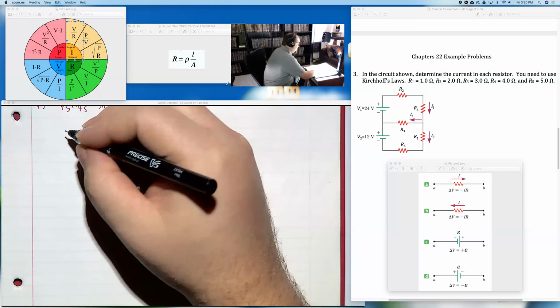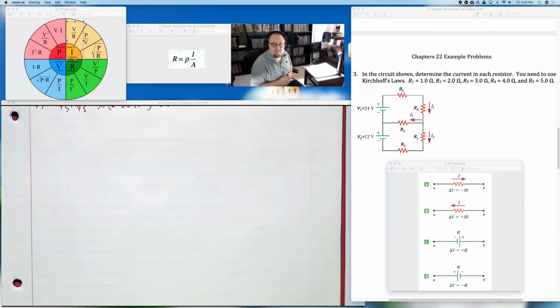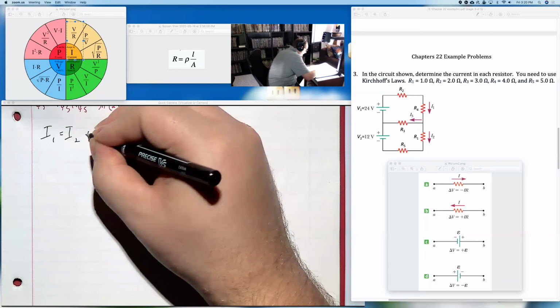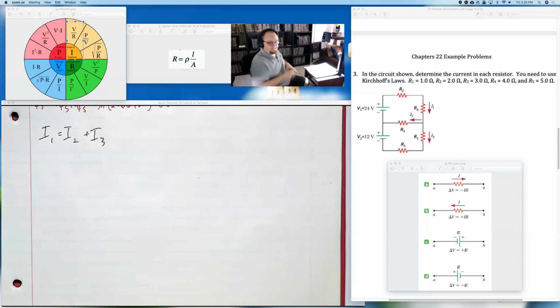The junction rule says on any junction, the current in equals the current out. So I'm going to look at the junction right here. And if I look at this, what I can see is that I1 goes into that junction, and I2 and I3 go out. So I1 equals I2 plus I3. And there's my first rule.